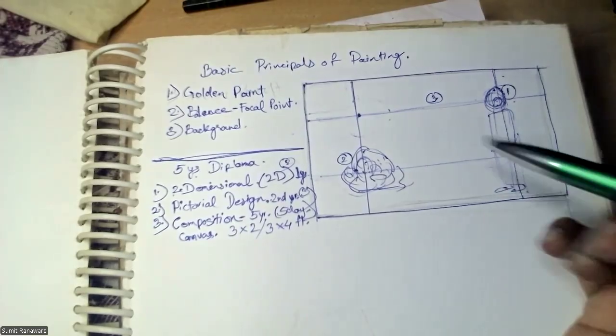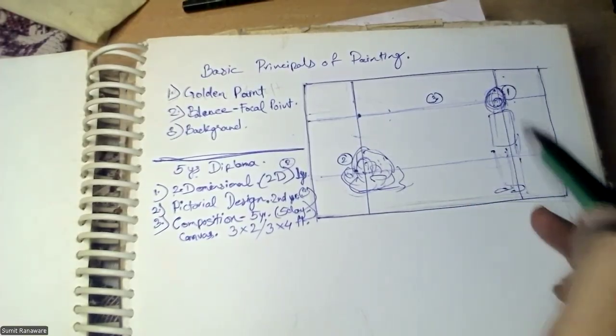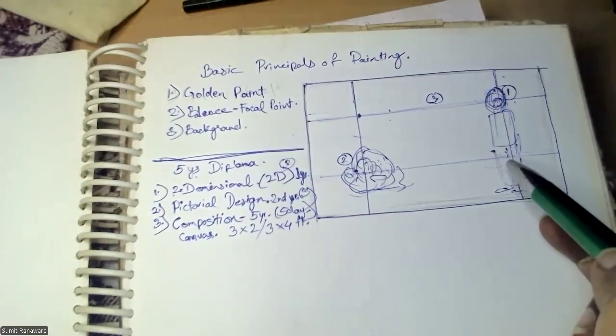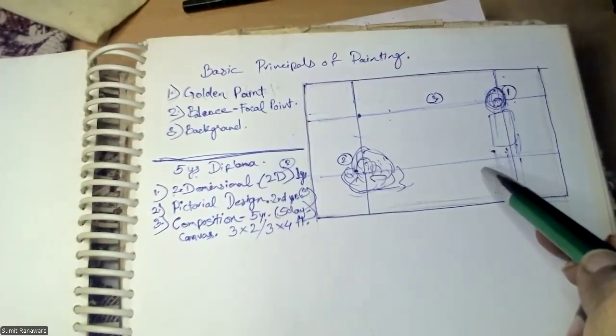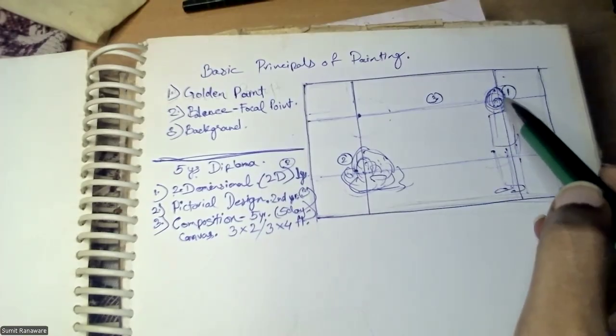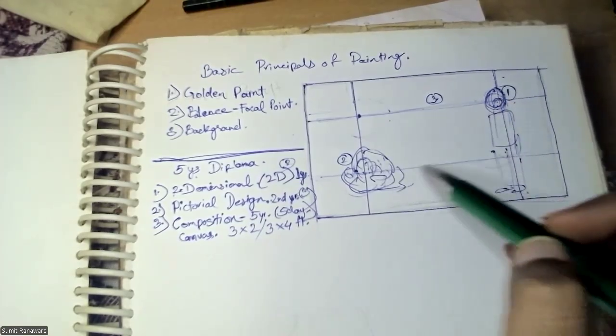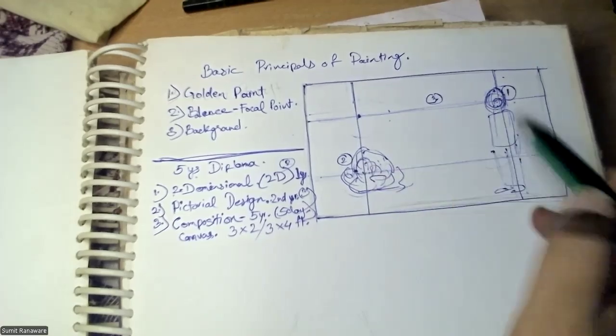Their attention may go to these four points, any one of them, at the first glance or the first look when they look at the painting. Their attention will go to one of the points. One, two, three, four.